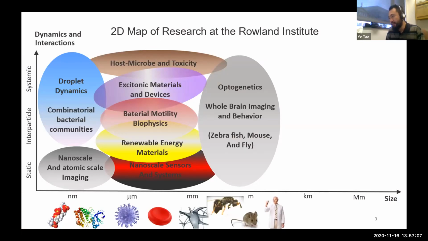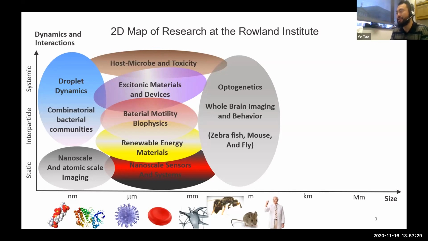So in this talk, you will see a lot of these two-dimensional conceptual graphs. I think it's a good way to visualize things. So in this particular example, I'm trying to represent different fields of study as the length scale they're concerned with, and also the degree of interaction complexity that they deal with.